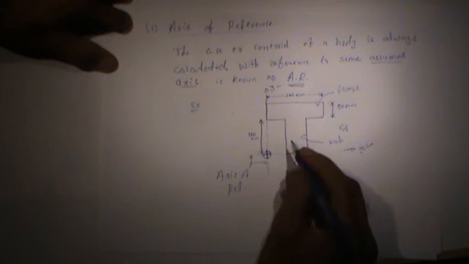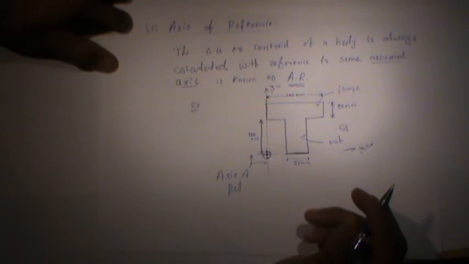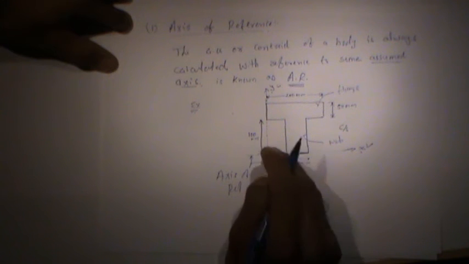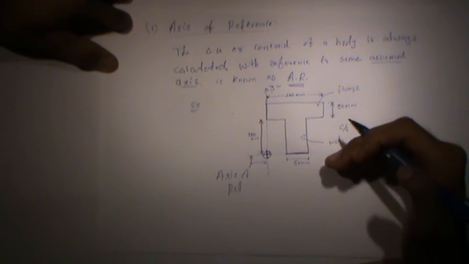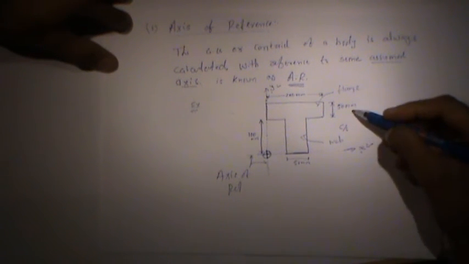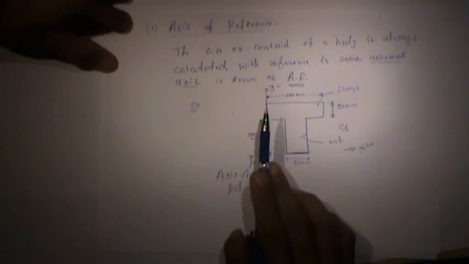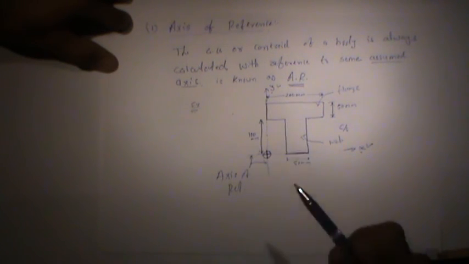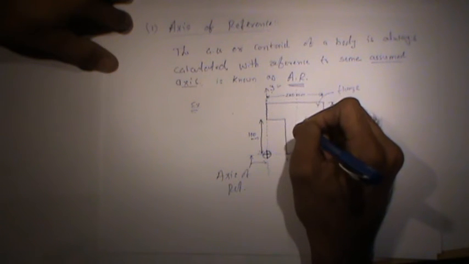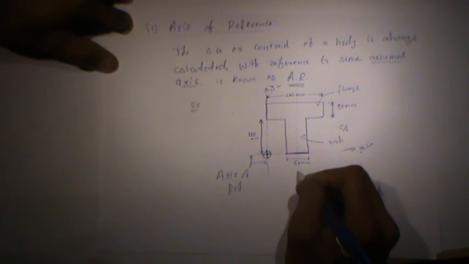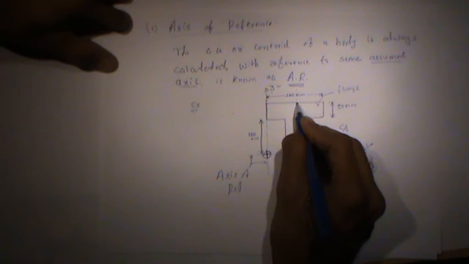In most problems we consider the reference axis, with respect to this x-axis and y-axis. With reference to this y-axis, suppose I draw one vertical line passing exactly through the middle of the flange.